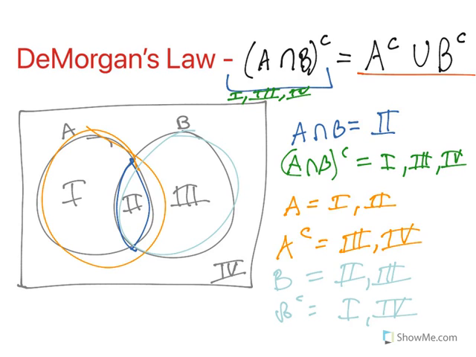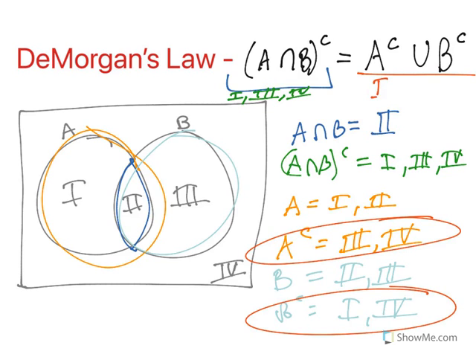So if we're looking on the right side at A complement or B complement, that's 1, that's 3, and then they share 4. Notice 1, 3, and 4. So we can use that idea that the complement of A and B equals A complement or B complement.